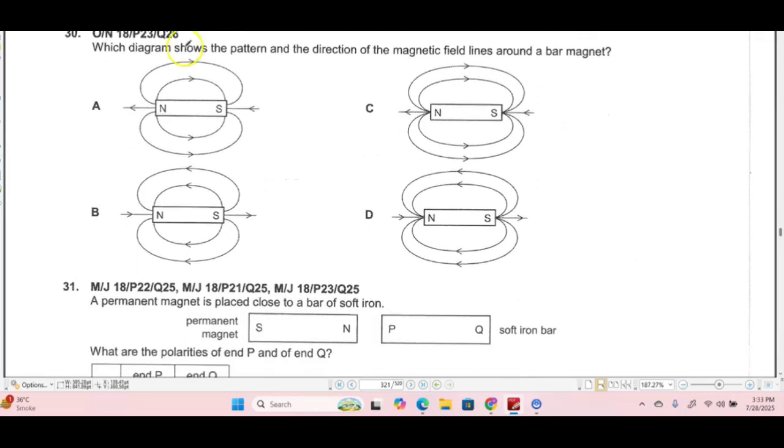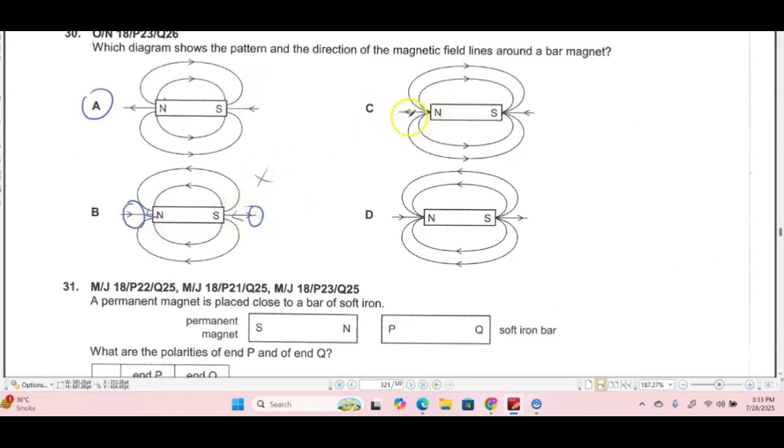Question number 30. Which diagram shows the pattern and the direction of the magnetic field lines around a bar magnet? North to south, north to south. So A seems to be the correct option. This is wrong here. This has to be in this direction and this has to be in this direction.